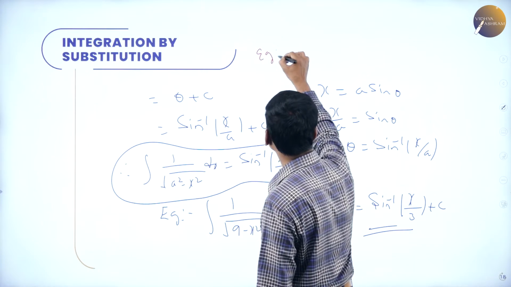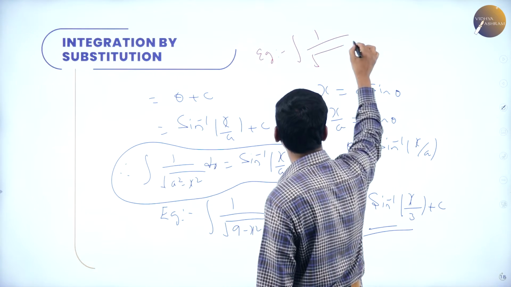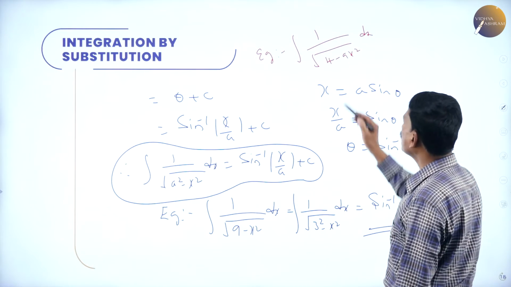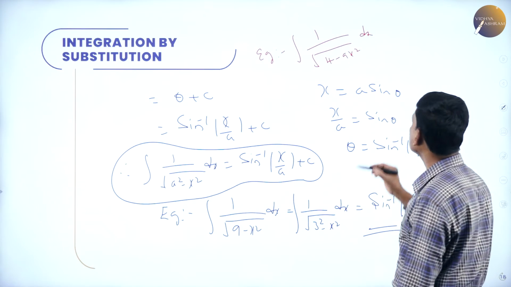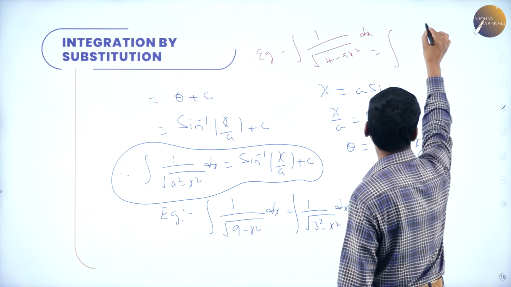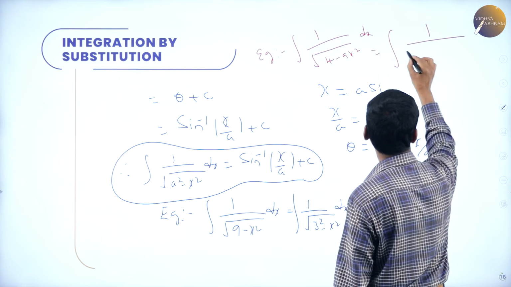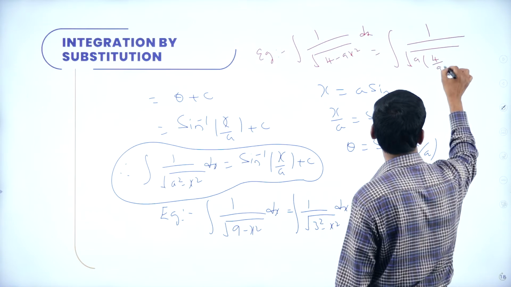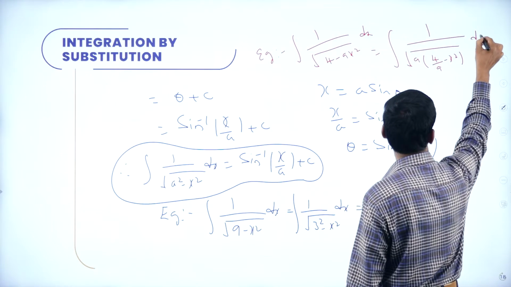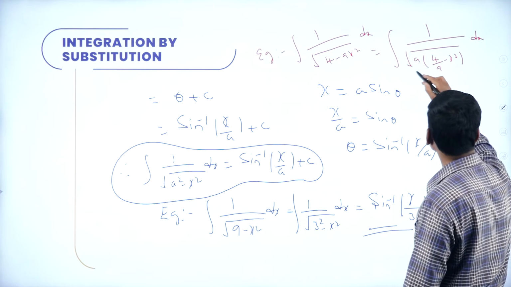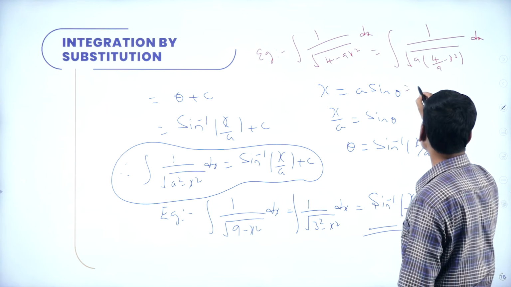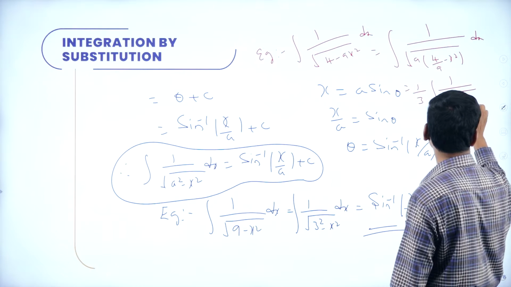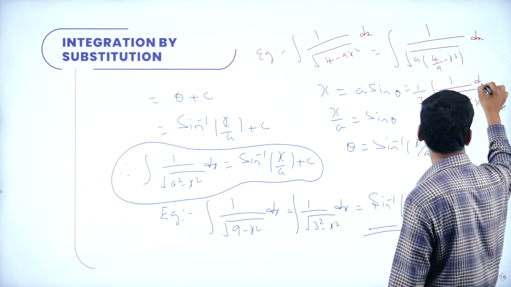For example, evaluate integral 1 over square root of 4 minus 9x square. Let me explain this. 1 by root of 4 minus 9x square can also be written as integral 1 over root of, just take 9 out, 4 by 9 minus x square, into dx. Square root of 9 is 3, so 1 by 3 into 1 over root of 2 by 3 whole square minus x square dx.